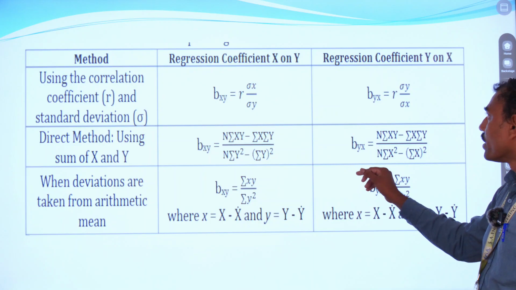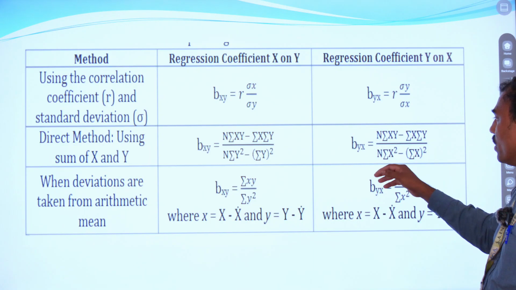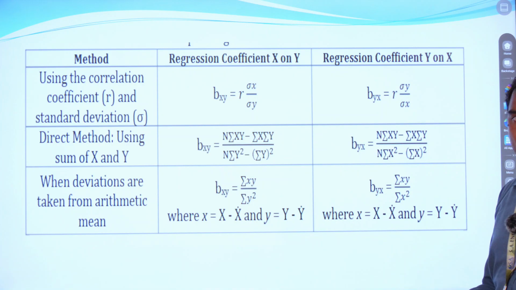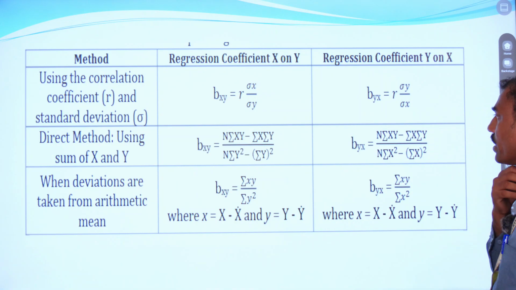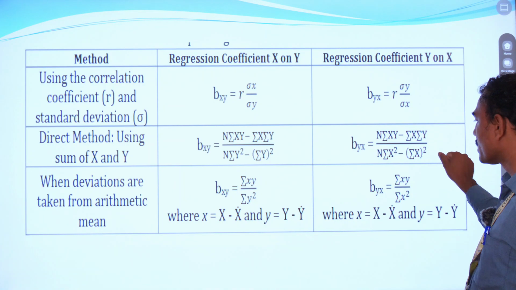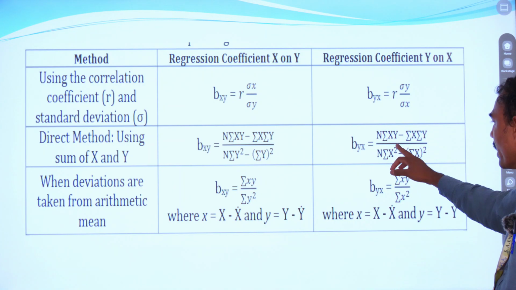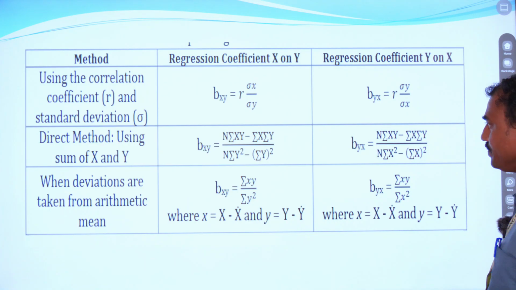For y on x, this is the direct method. So we find summation of xy, summation of x, summation of x squared, summation of y squared. So byx equal to n into summation of xy minus summation of x into summation of y divided by n into summation of x squared minus summation x the whole square.